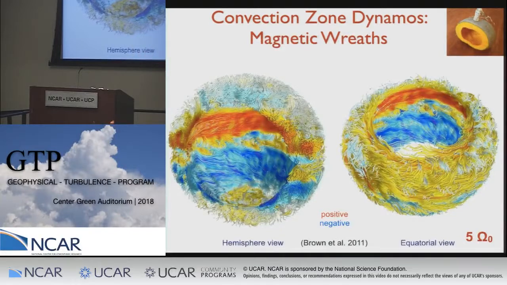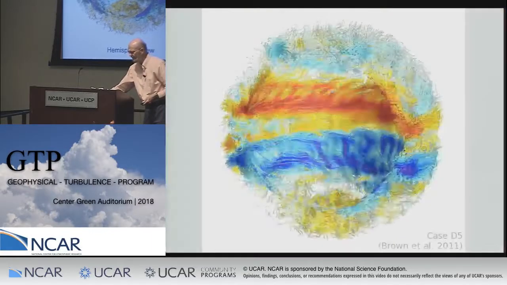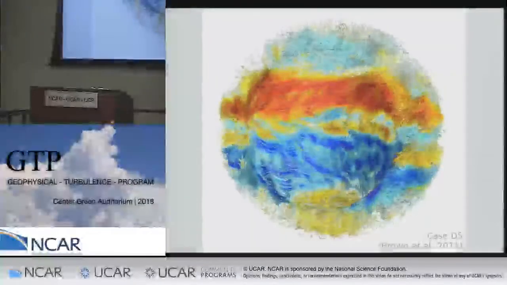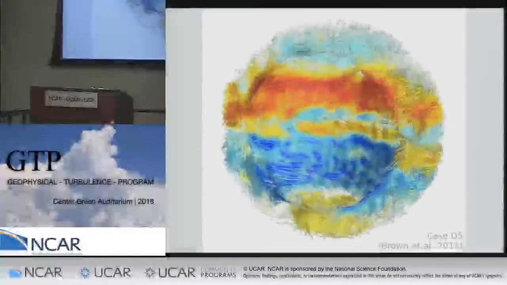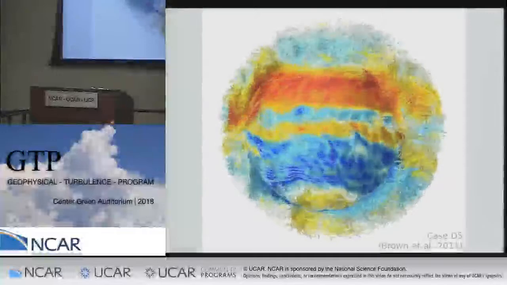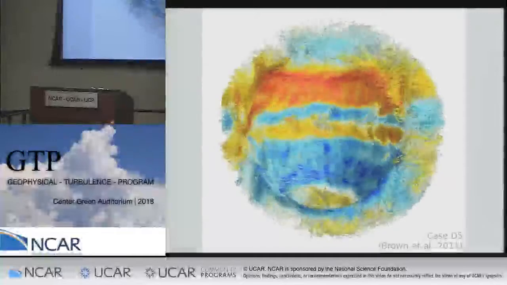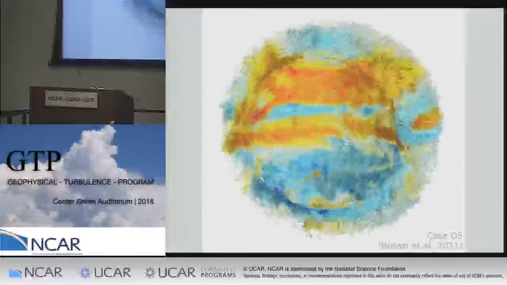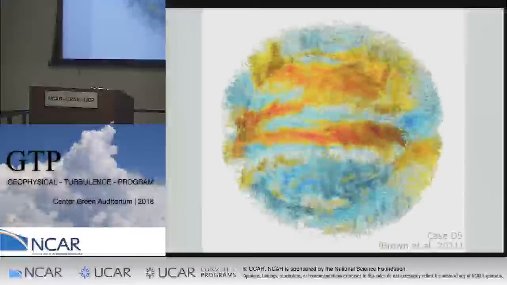If we cut into these structures, we can see that there's a fair amount of field at low latitudes. These look fairly bland, but if we look at a cycling behavior in a cutaway, that looks rather nervous. But these are the field lines and the strengths. And systematically, these things go through reversals.